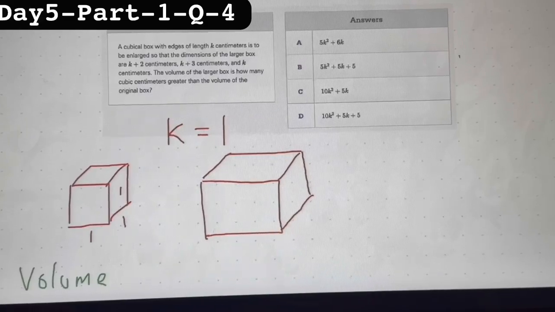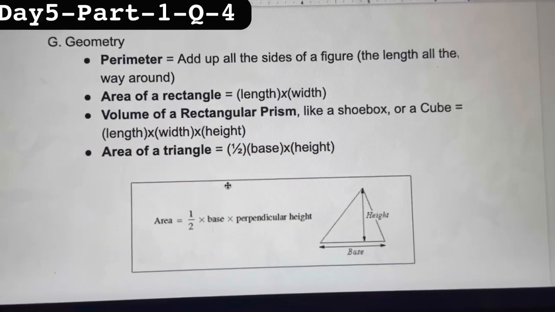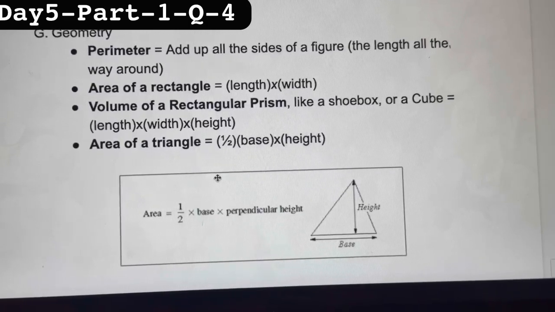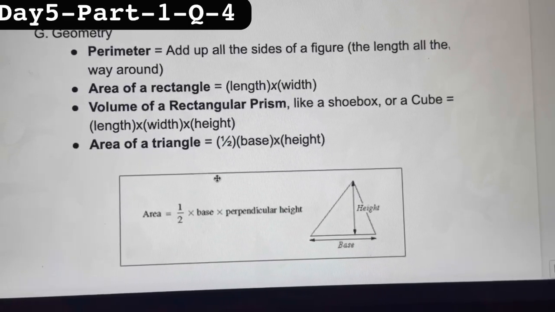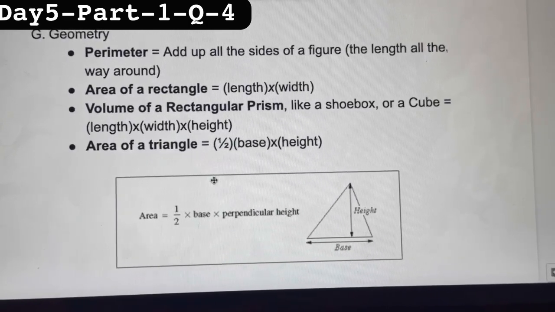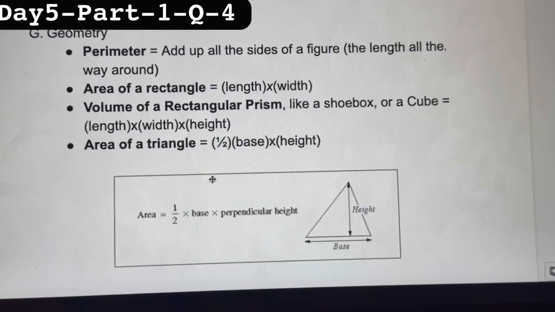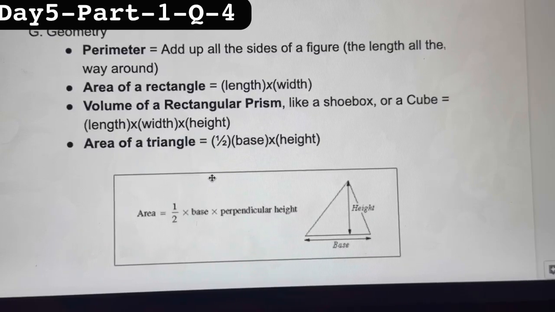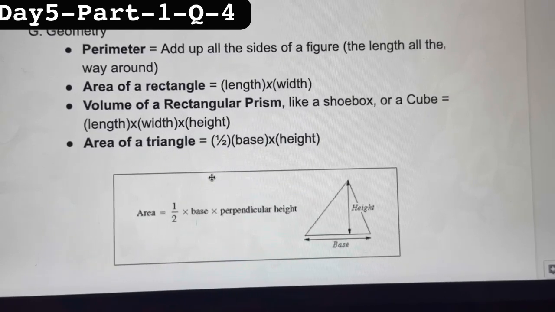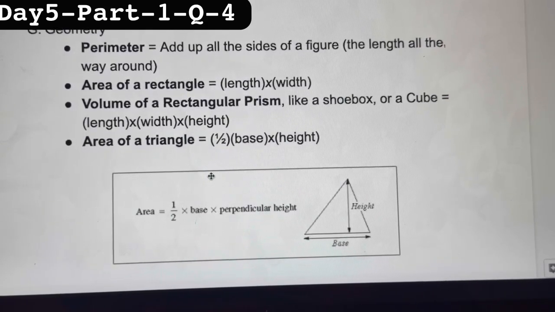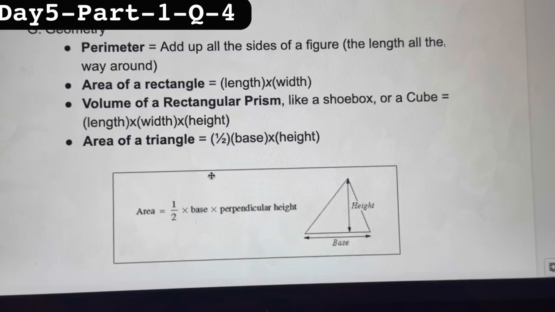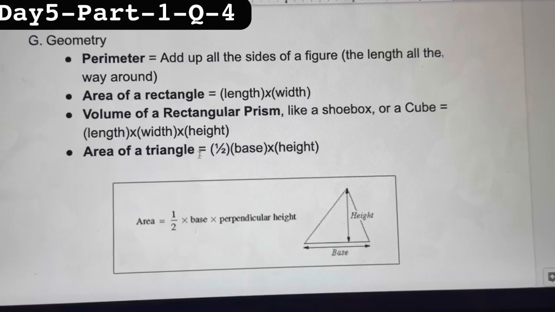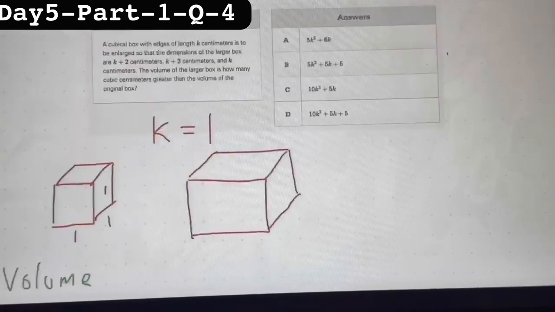Scroll down to the geometry section, basic concept G, and read the third bullet point. The volume of a rectangular box or cube equals length times width times height. Does that make sense? You're basically multiplying all the dimensions. All right, let's go back to the question.